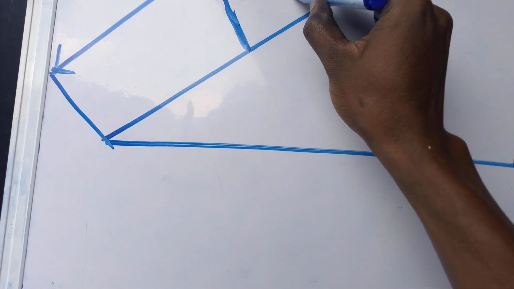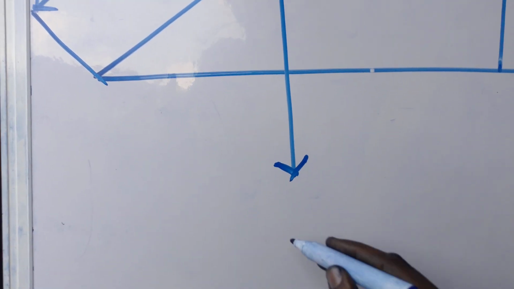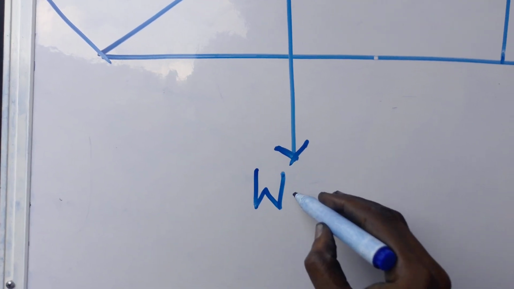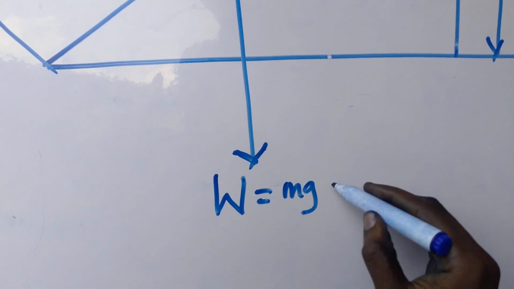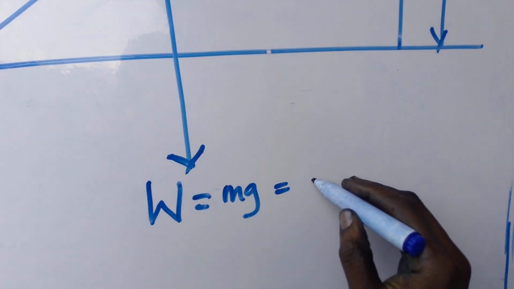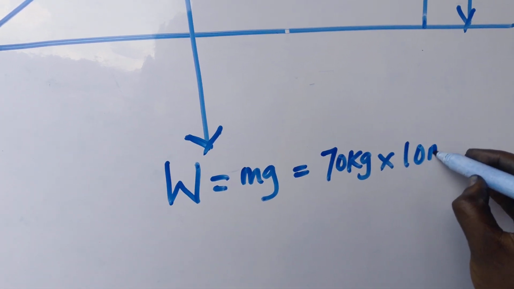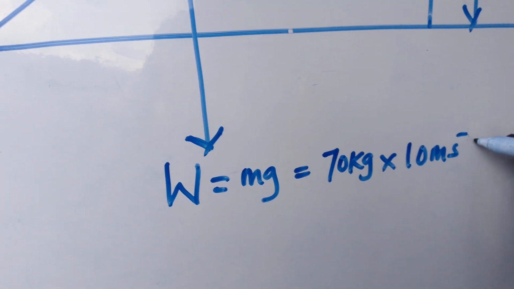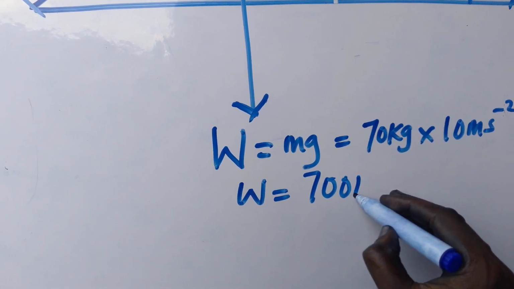You take the weight of this block, weight is acting vertically downwards. So we say that the weight W is equals to mg, which is the mass of the block, 70 kilogram, times acceleration due to gravity, 10 meters per second square. So I'll be having the weight as 700 Newton.